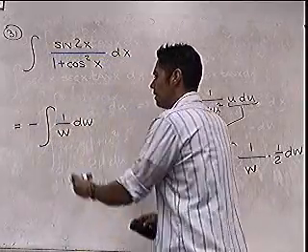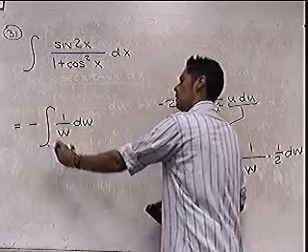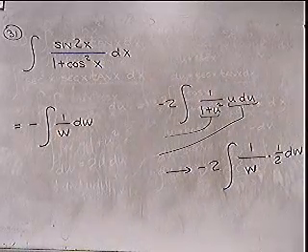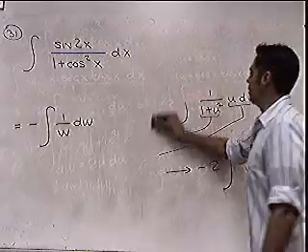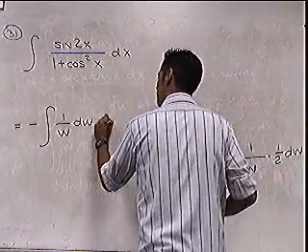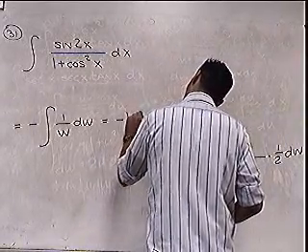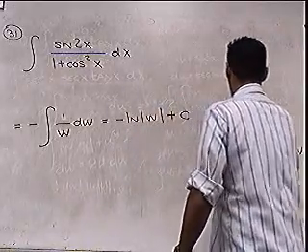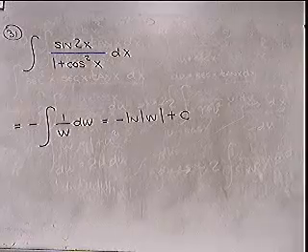And that's a formula, isn't it? Natural log w, but then there's a negative in front of it. Absolute value w, plus a constant. Now, what was w, though?